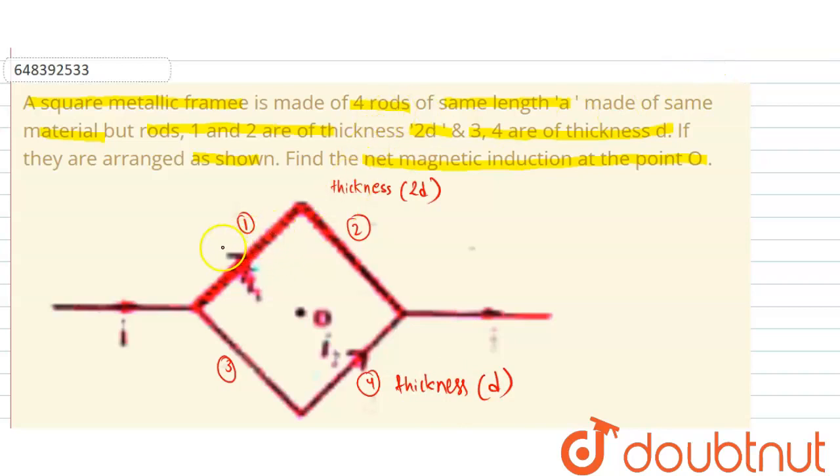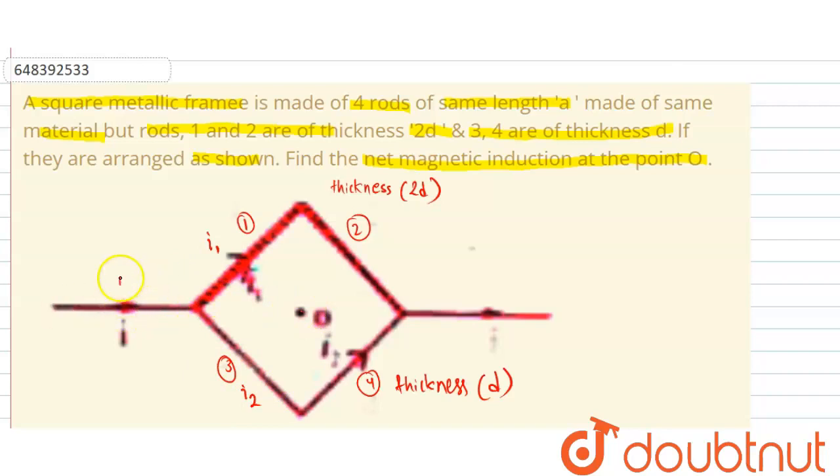Now we have to calculate the magnetic induction at this point O due to this metallic frame. So, as the current flows in this direction, at this junction it divided into two parts. It is I1 and it is I2. So we have to calculate the magnetic induction.